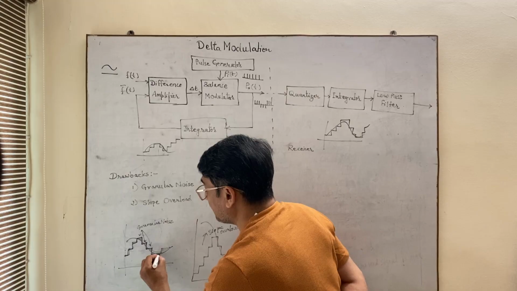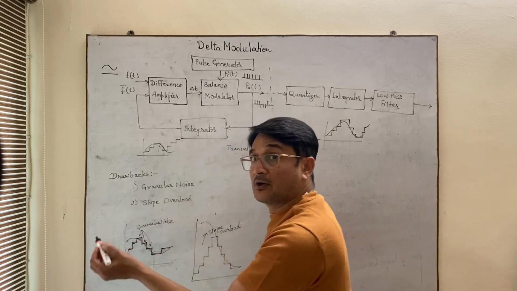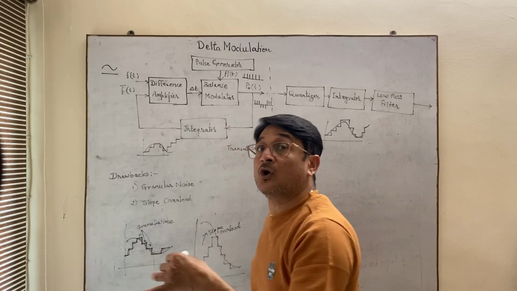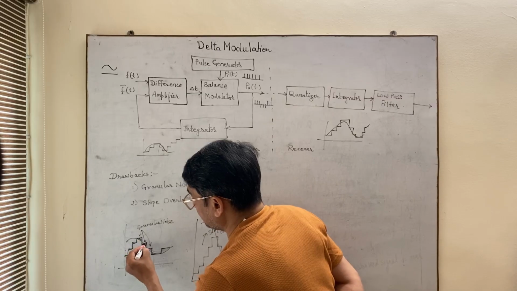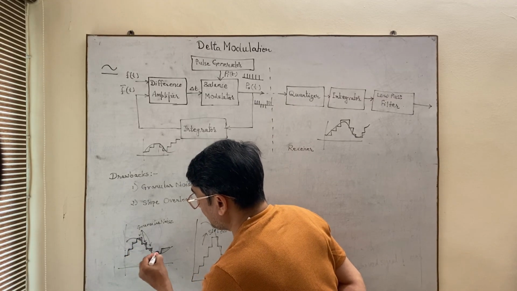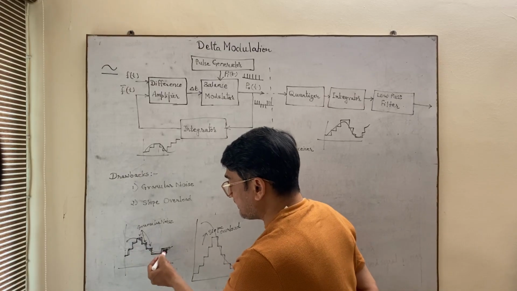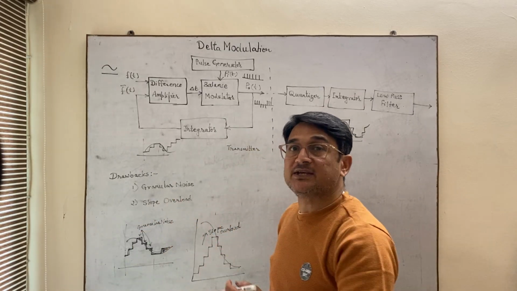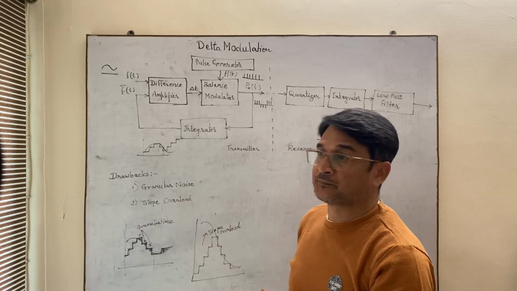Because of the uniform step size, sometimes it could not follow the waveform properly. Such portions are not properly covered. Due to these extra steps, some noise is generated which is termed as granular noise.